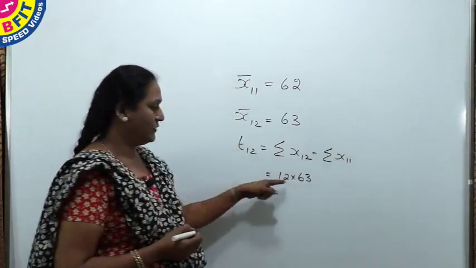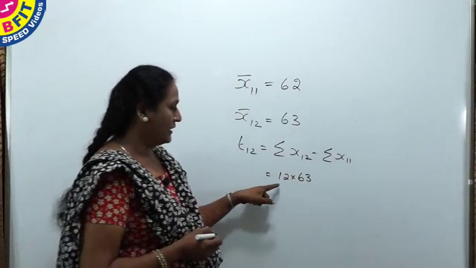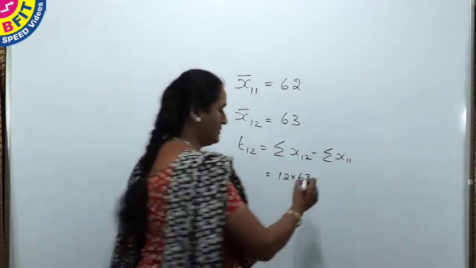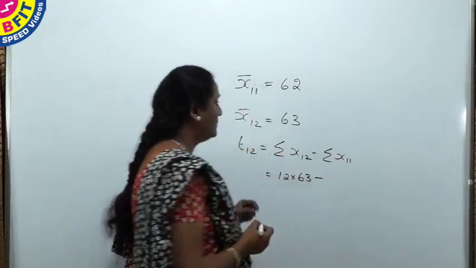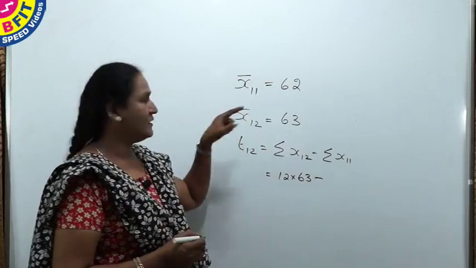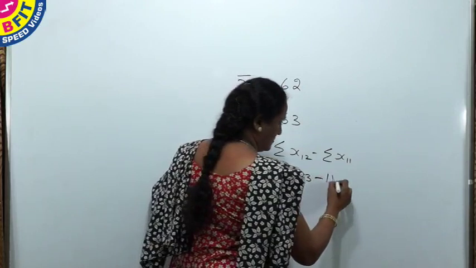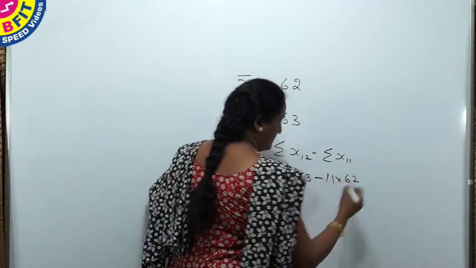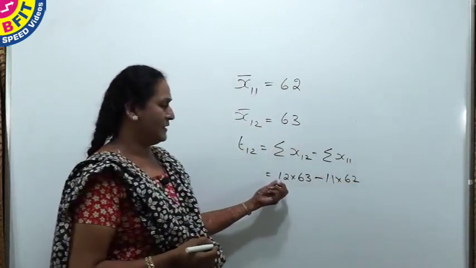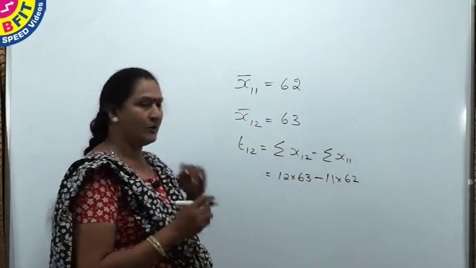So 12 into the new average 63 gives the sum of 12 terms, minus the sum of 11 terms, number of terms into their average. When you multiply these two and subtract, you get the 12th term.